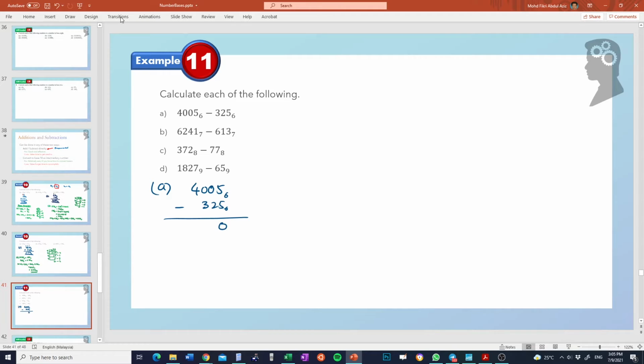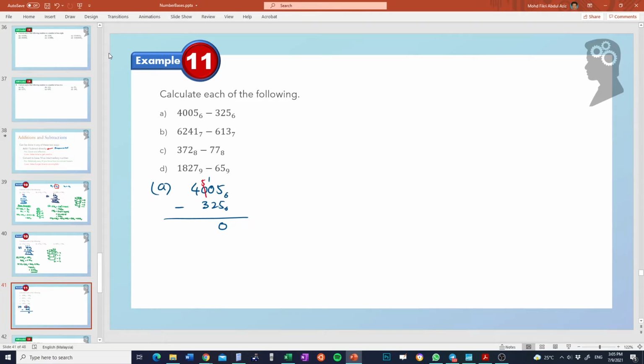Now this is interesting. 0 minus 2 cannot be accomplished because we need to borrow 1 from the left. Bawa guna pen merah. We need to borrow 1 from the left. But once you borrow 1 from 0, this number is not 0 anymore. This number becomes 5.